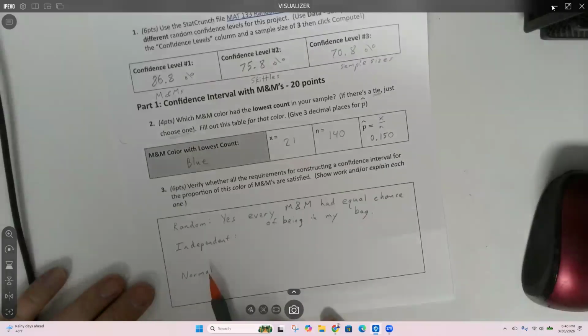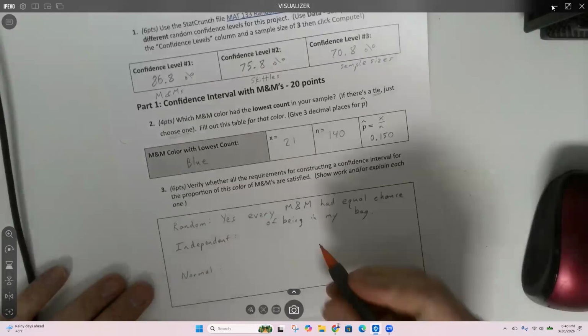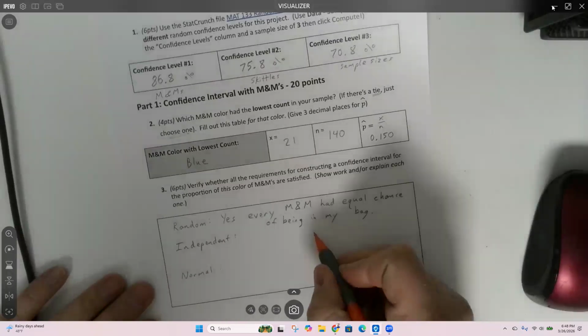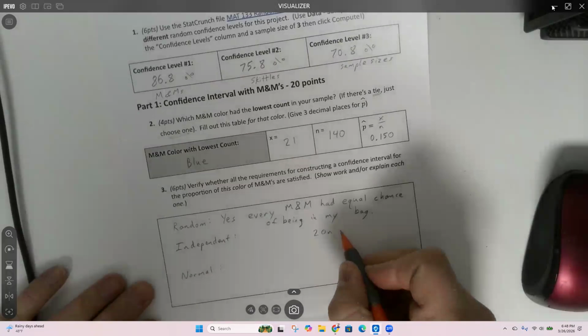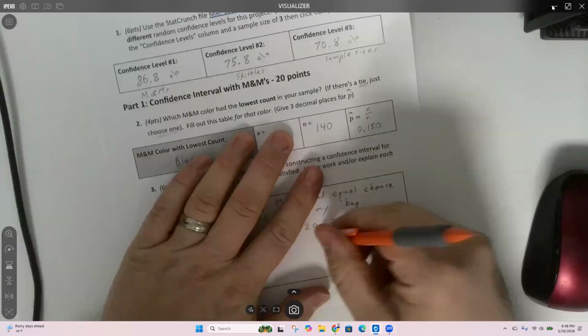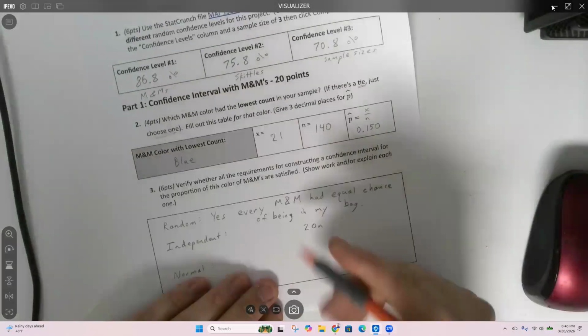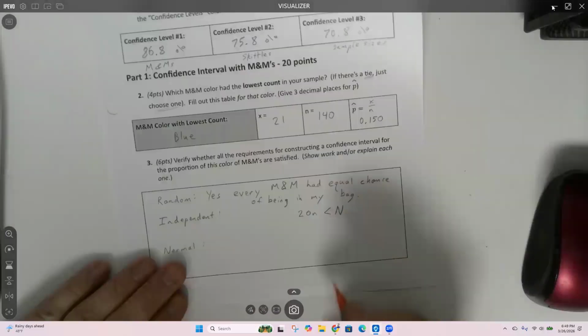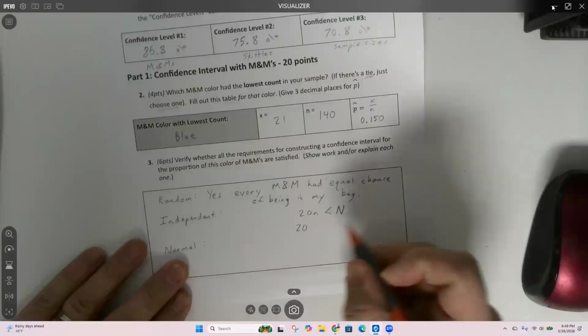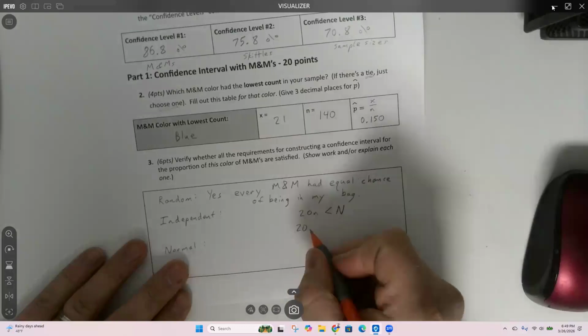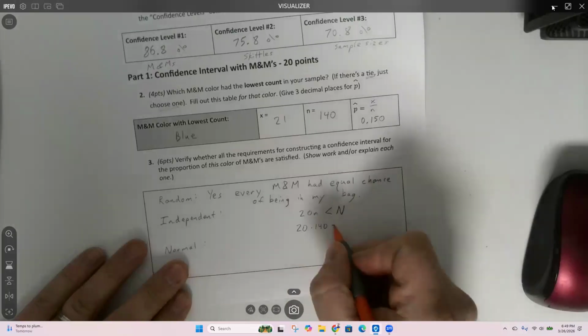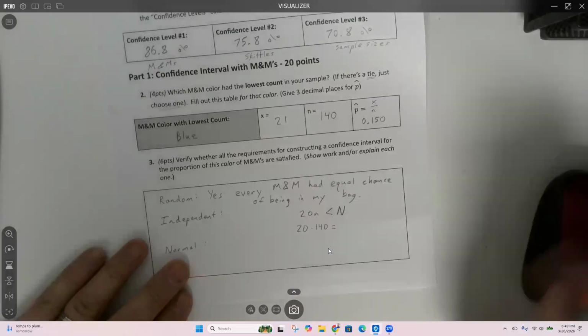Independent, we need to make sure our sample size is not too big. So we need to make sure that 20n is less than our capital N, our population. So for me, my n was 140. So I need to do 20 times 140.